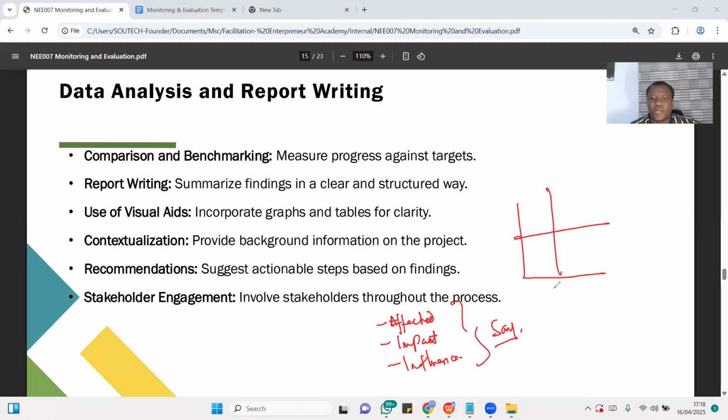You're going to have some people that have a lot of power, and some people that can actually affect the project. Then you're going to have people in terms of influence, right?